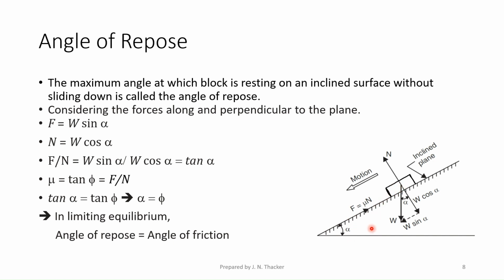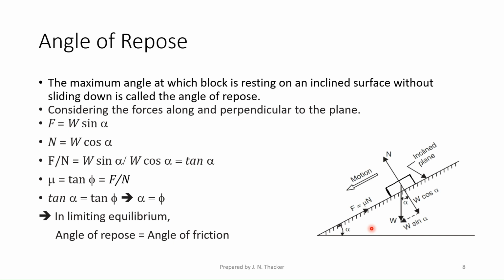Right now, the friction between block and the surface is stopping the block from sliding down, but when you keep increasing the angle alpha and keep making this slope steeper, you get a point when gravity overcomes the friction and the block slides down.